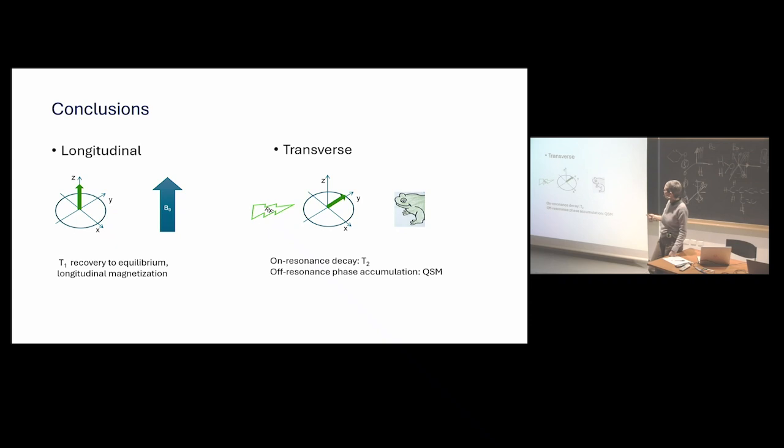For the transverse magnetization, we can study the on-resonance component, so changes in irreversible processes happening at the molecular level in a spin echo, and look at phase accumulation effects in a gradient echo and do quantitative MRI of magnetic susceptibility. So we can look at these things that you have seen here at the beginning.